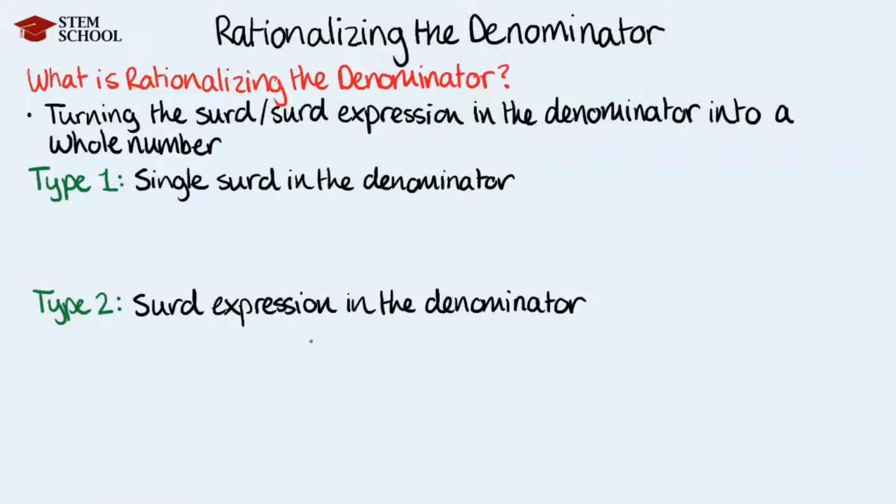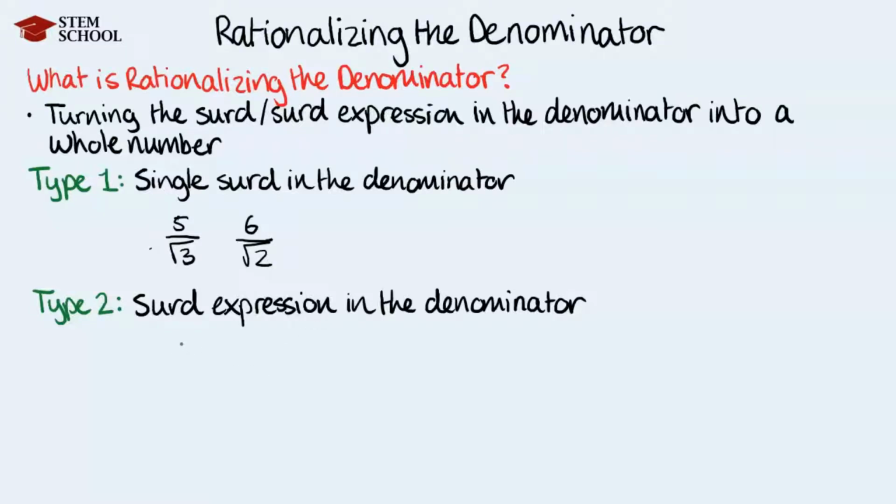Now, there's two different types of questions you'll be hit with in the exam. The first type is when the denominator contains a single surd. So a single surd like 5 over root 3 or 6 over root 2, something like that. And the other type, and the more complicated type you could be hit with, is when the denominator is an expression containing a surd.